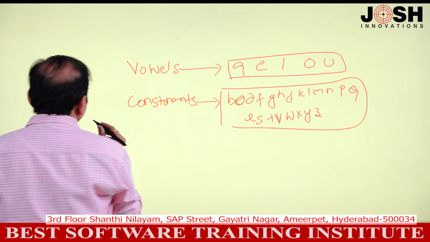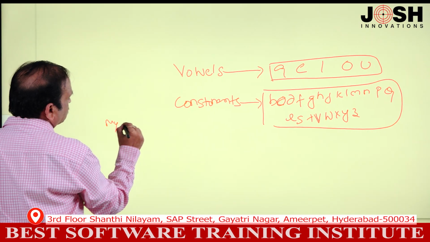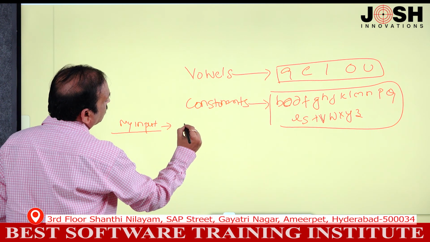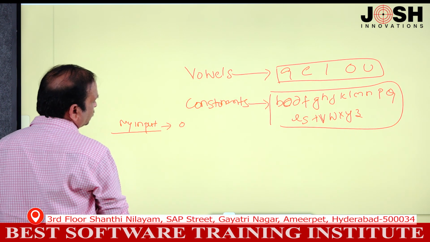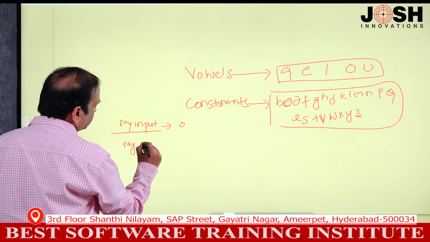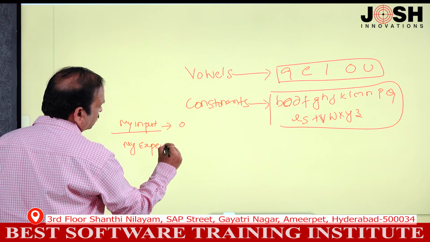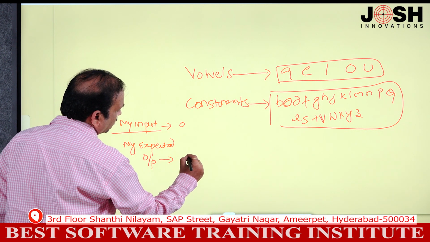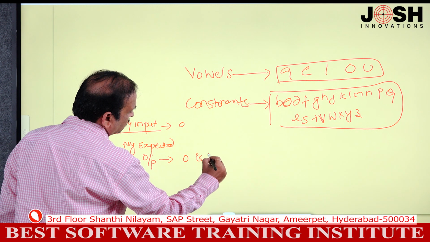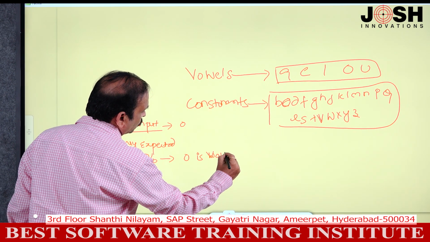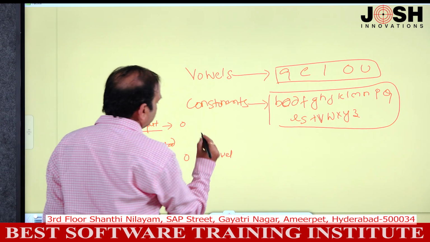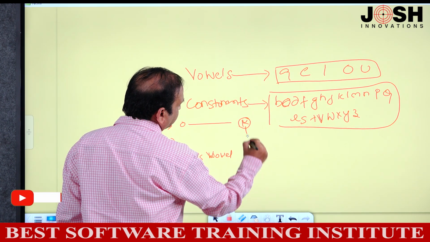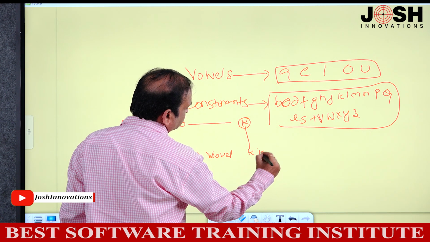For example, my input is O. So, my expected output should be O is vowel. If my input is K, it should print K is consonant.